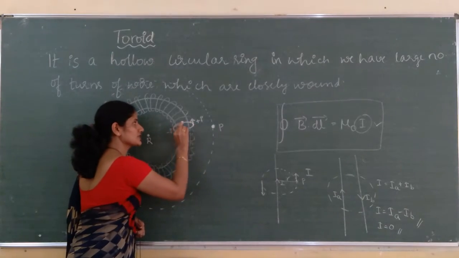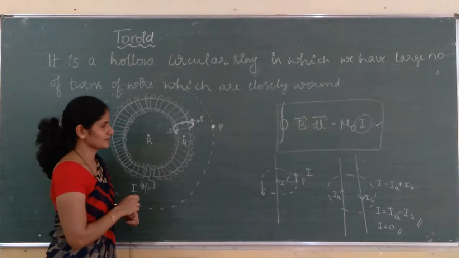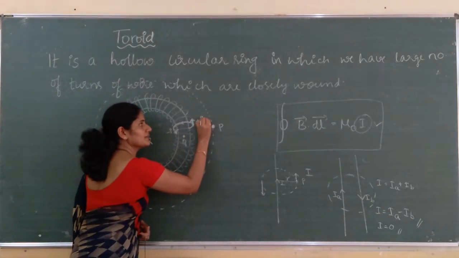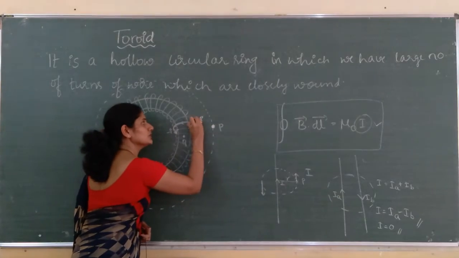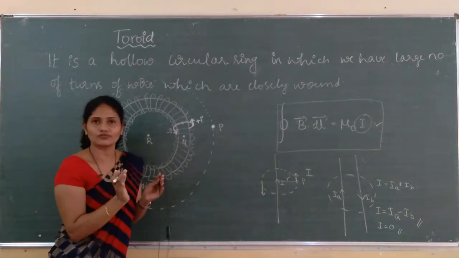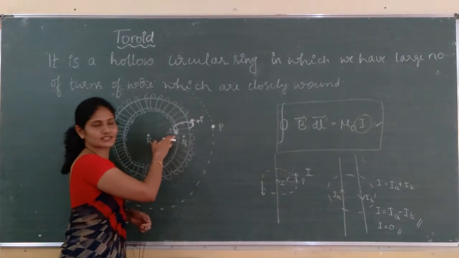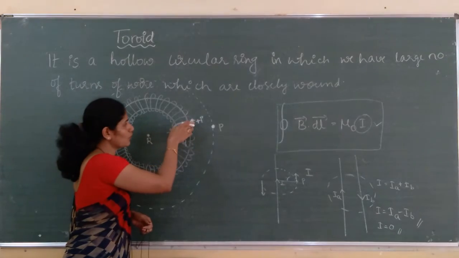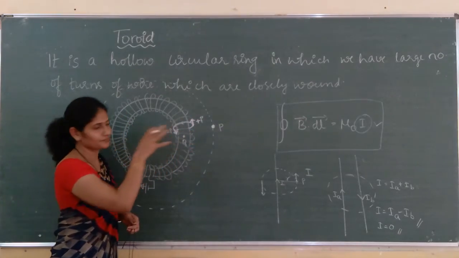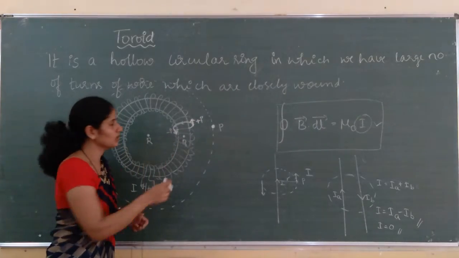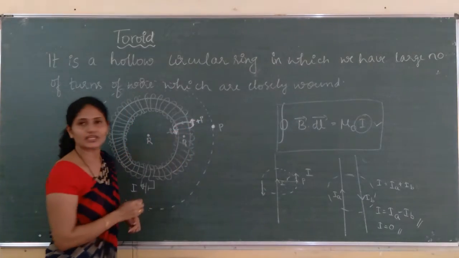Okay. So, this is nothing but a circular ring. Here plus I is the current coming from the loop and minus I is the same amount of current which is going like this. Both are equal in magnitude. So, plus I and minus I both are equal, so they cancel with each other.